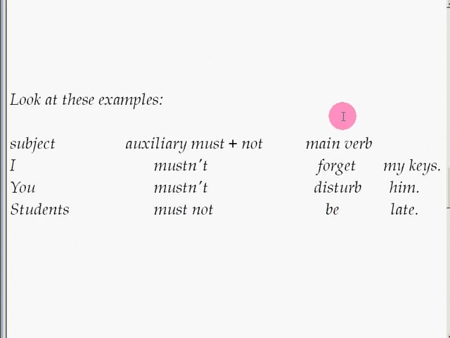Let's have some examples here. We have the subject, auxiliary verb must, plus the word not, and then the main verb. Let's read them. I mustn't forget my keys. I must not forget my keys. I, the subject, must not, our auxiliary verb, and then the main verb forget.